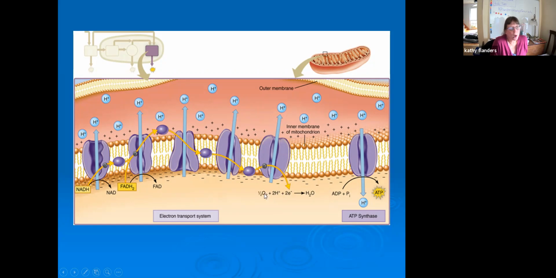If there's no oxygen present there, then the electron transport chain stops. But we get most of our energy, our ATP, from the electron transport chain. If we were to stop this because we didn't have oxygen to make this reaction work and end up with water, then we can't make that 32 ATP. We can't live very long.